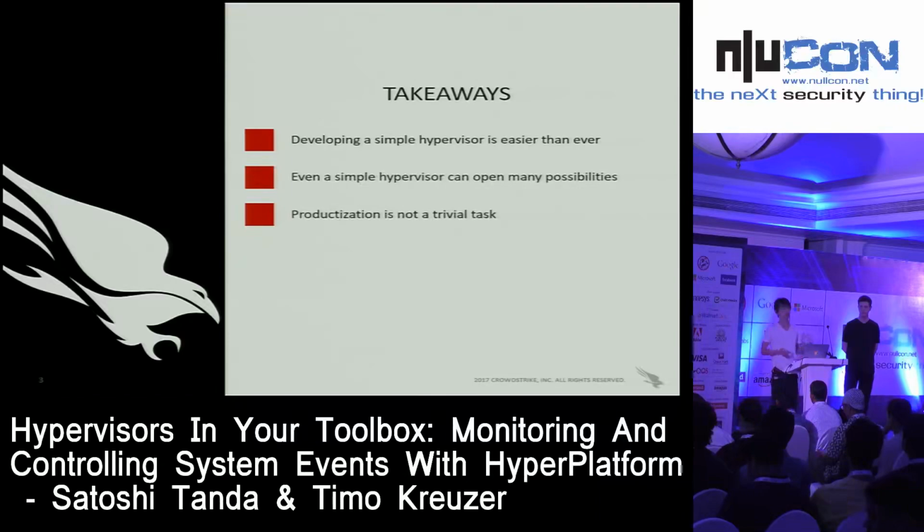And if the tool doesn't work, maybe you could implement a similar tool by yourself. Probably some of you know a technique named inline patching, or code modification, like API hook technology.